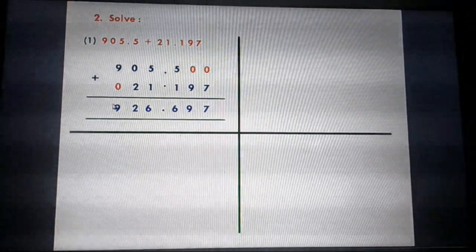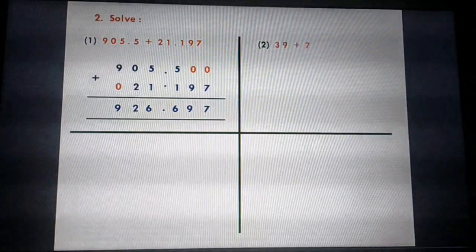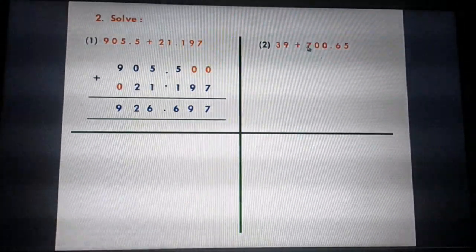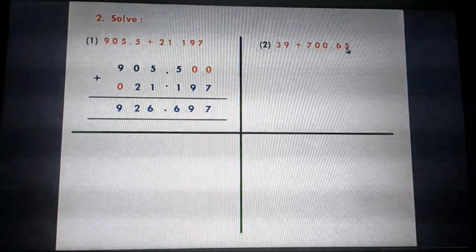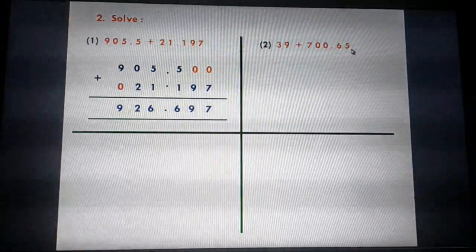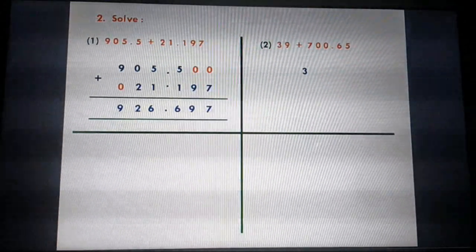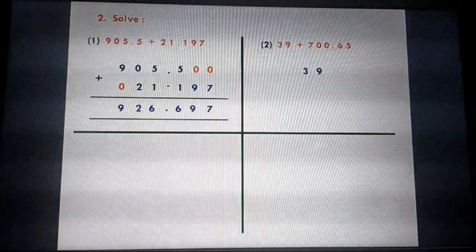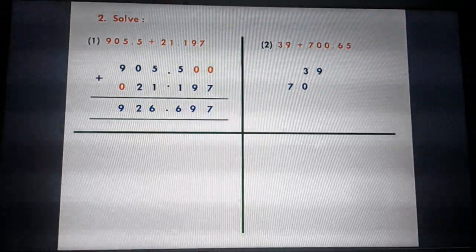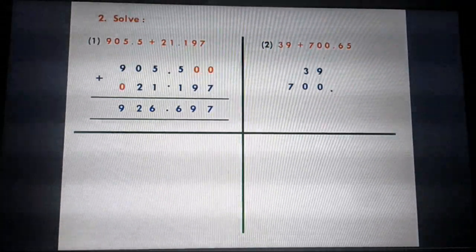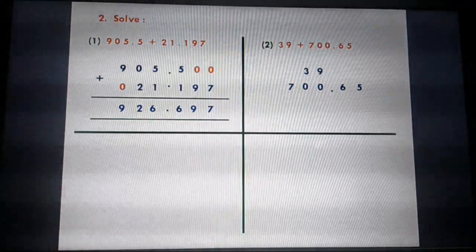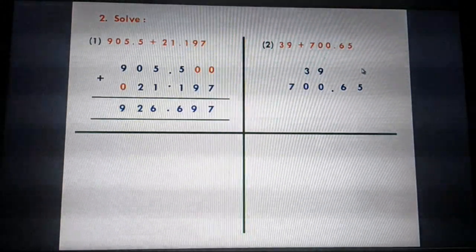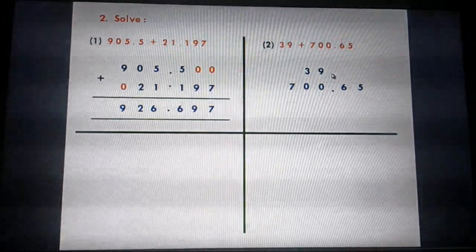Clear? Now the second one. See what is given? 39 plus 700.65. So what I will do, first I will write 3 and 9, no decimal. Then the second fraction given, 700.65. So again, as I told you, see here we don't have digits and even no decimal.